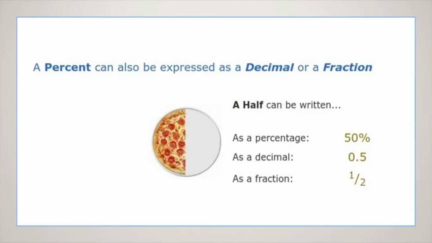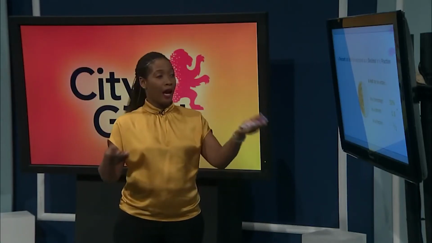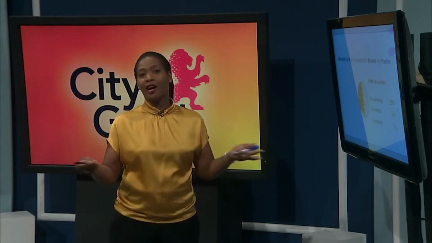It's represented as a decimal. It would be 0.5, or what we say, 5/10, all right? And as a fraction, you know that symbolic representation already: a half. So what we're saying is, when you're comparing part of a whole, you can either use a percentage, a decimal fraction, or a common fraction. Let us continue.